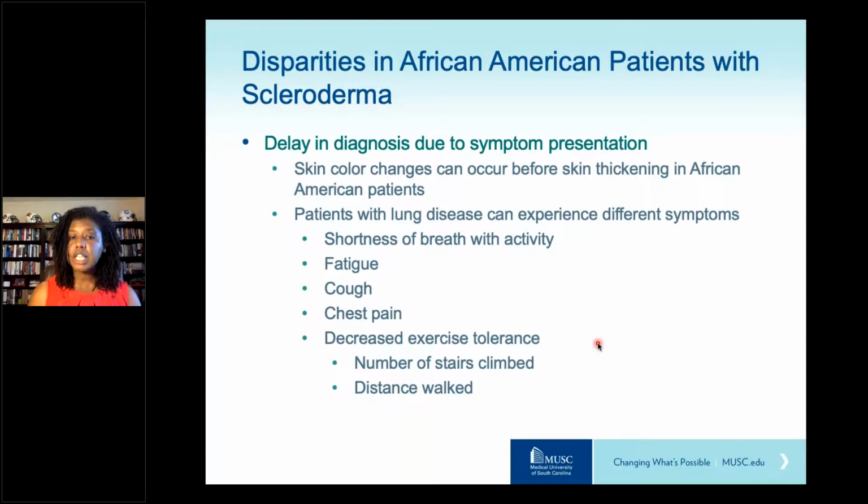And all of those things may not necessarily sound related to lung disease, but they can also be symptoms of lung disease as well. So when a patient presents to a clinician with some symptoms, such as the ones I have just named, it may not necessarily be connected to lung disease and therefore could delay the diagnosis of scleroderma.